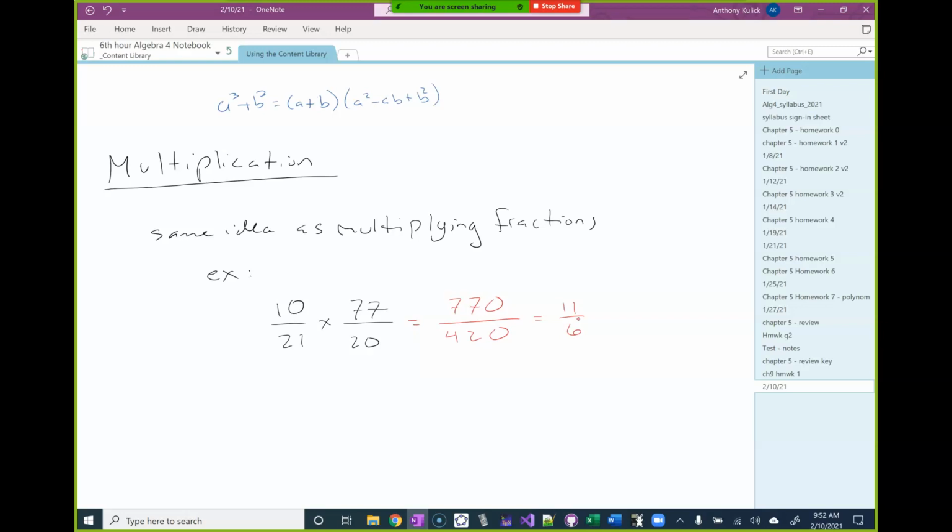What's the problem with this if we start thinking about, instead of numbers, having polynomials? If we have to multiply 2 polynomials together, that was something we did last chapter. How'd you like that? It's kind of a pain, wasn't it? You have to do the superfoil or build the grid or whatever.